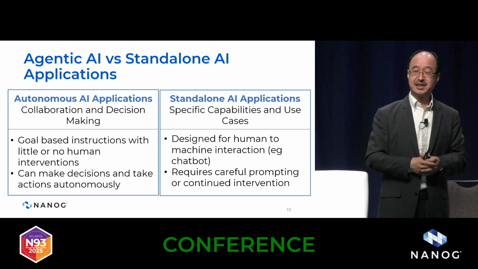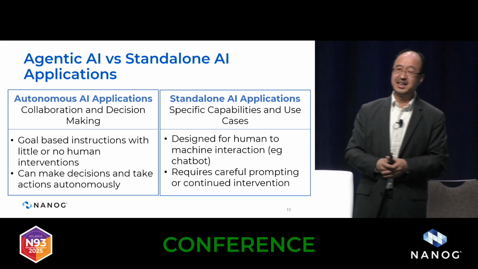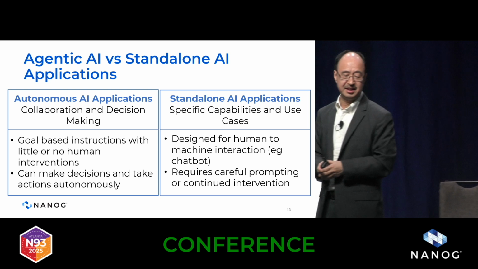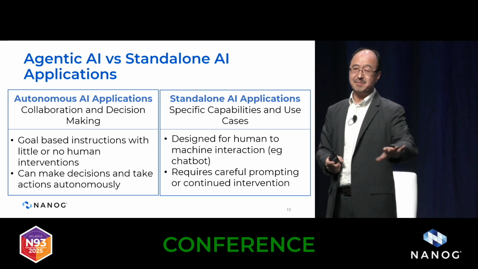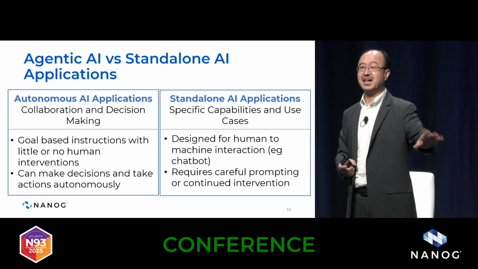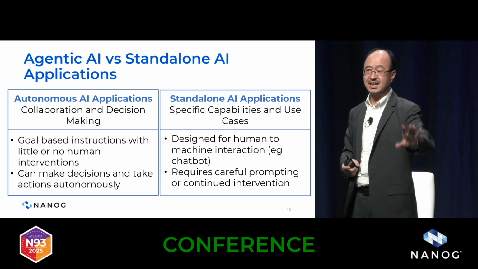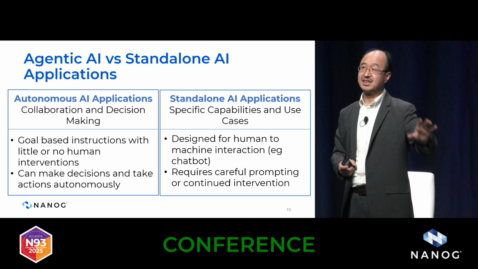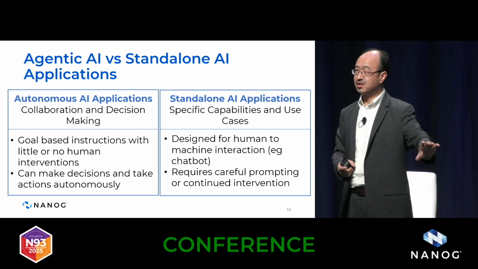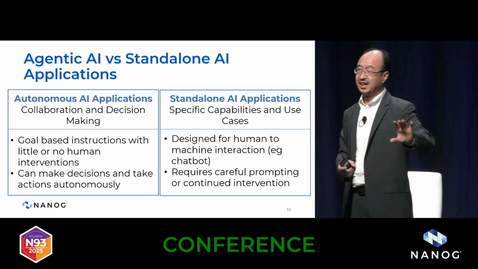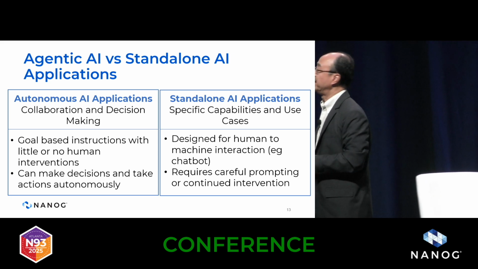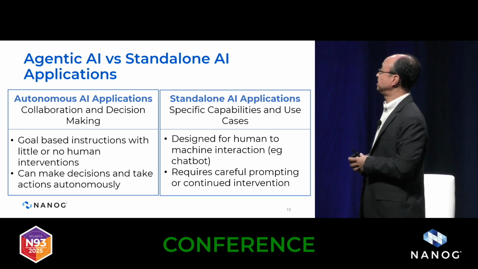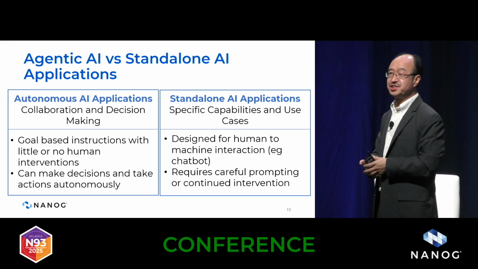Let's just summarize the key differences between the two, right? The autonomous AI applications, which are agentic AI or agents that we're talking about today, are goal-based. We talked about that. Goal-based instruction with little or no human intervention, and they can make decisions.